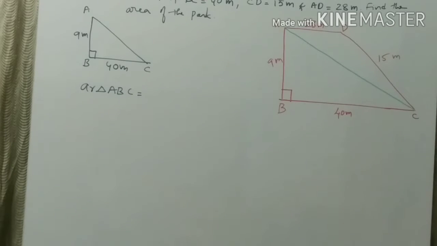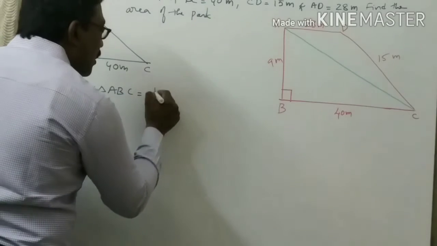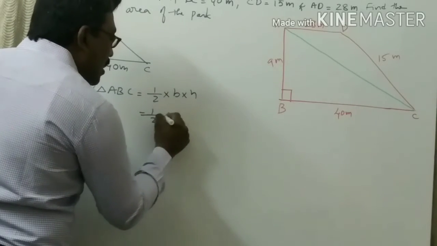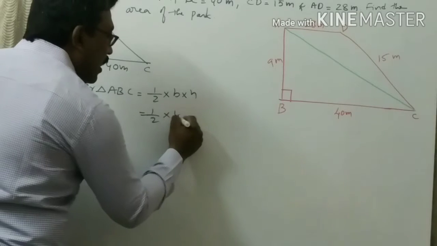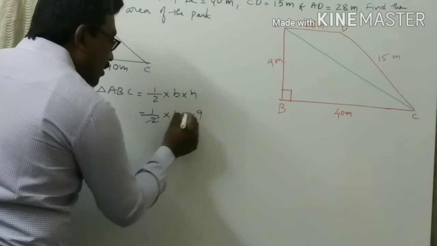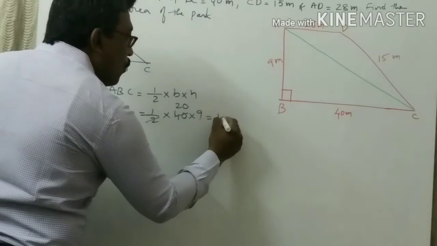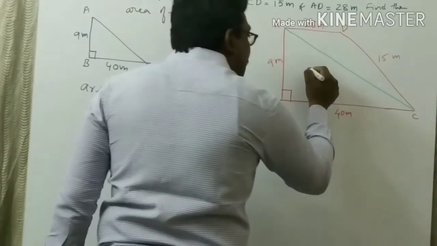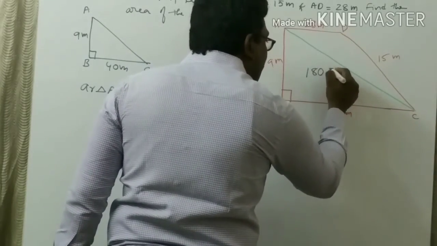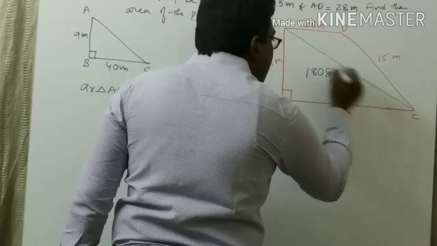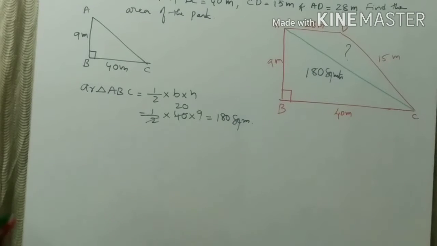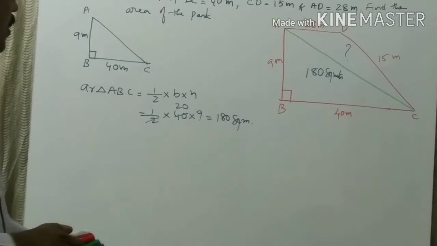You need not go for Heron's formula. What is the answer? Half base into height. Half base is how much? 40 by 2 is 20, height is 9. 20 times 9 is 180 square meters. This area is 180 square meters. This area is how much? If you found that area, of course, your sum is completed.